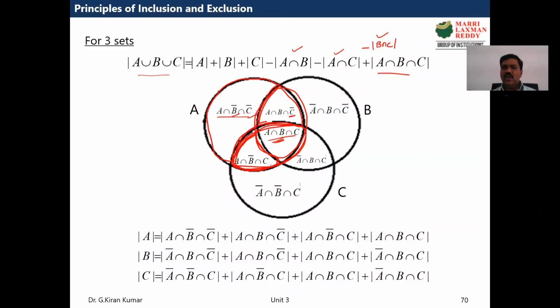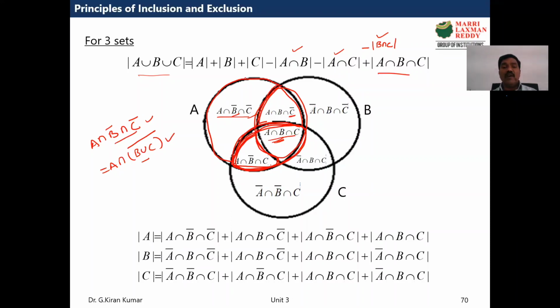And of course, this can also be written as A intersection B complement intersection C complement. This also can be written as A intersection (B union C) whole complement, right? Because by De Morgan's, this can be written like this. That means it is the area of A, but don't go to the B union C area.